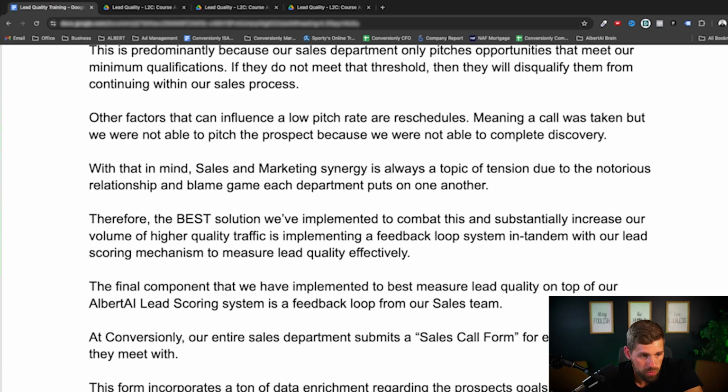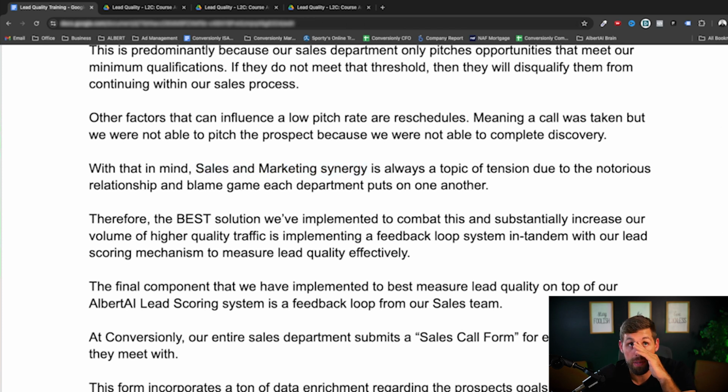So in that instance, you can choose whether or not your team tracks that as a call taken or a reschedule, and then that reschedule is just deducted from your calls taken. That will help you actually get a true measure of your quality because you're only tracking on people who are able to complete discovery for the call taken metric. With that in mind, sales and marketing synergy is always a topic of tension.